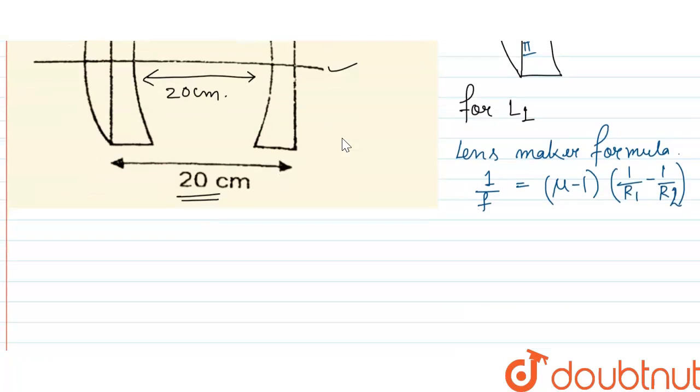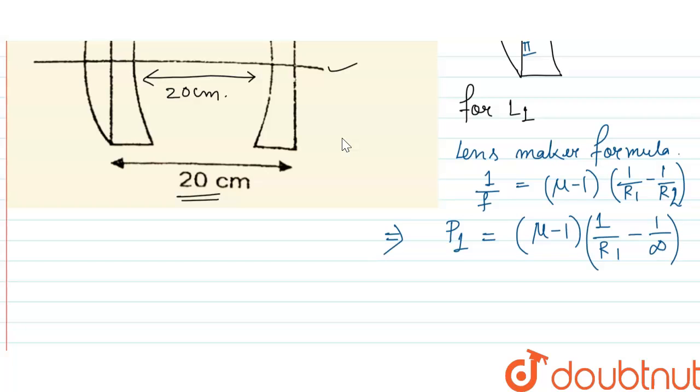Now we have to put in the values, and we also know that power is the reciprocal of focal length. So 1 by f we can write as P1, the power of lens L1. So P1 is equal to (mu minus 1)(1 by R1 minus 1 by infinity). Why have we put minus 1 by infinity?